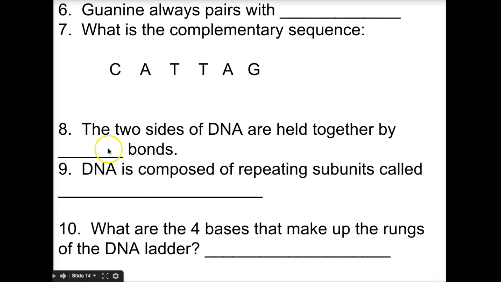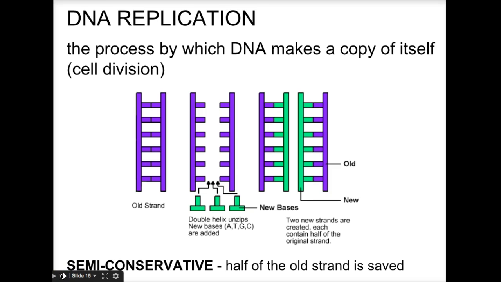So we know hydrogen bonds hold the base pairs together. DNA is composed of repeating subunits called nucleotides. And the 4 bases, we know A, T, G, and C, but you should know the names as adenine, thymine, guanine, and cytosine. All right, and that is your quick review.